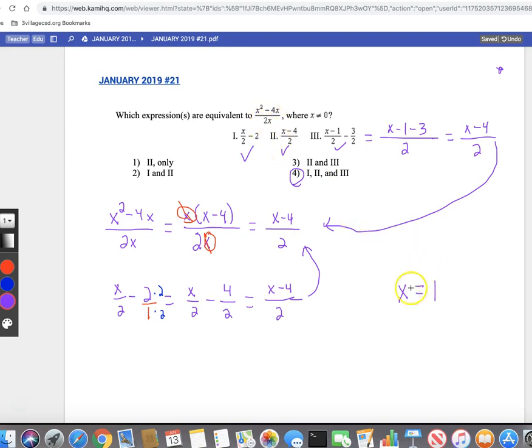If we choose x equals 1, you could plug that into the original expression, get a value, and then plug x equals 1 into each of these choices. Since each of these were equivalent, we should get the same value that we got when we plugged x equals 1 into the original expression, and thus verify that each of these are equal. That would be an alternative way to have answered this problem.